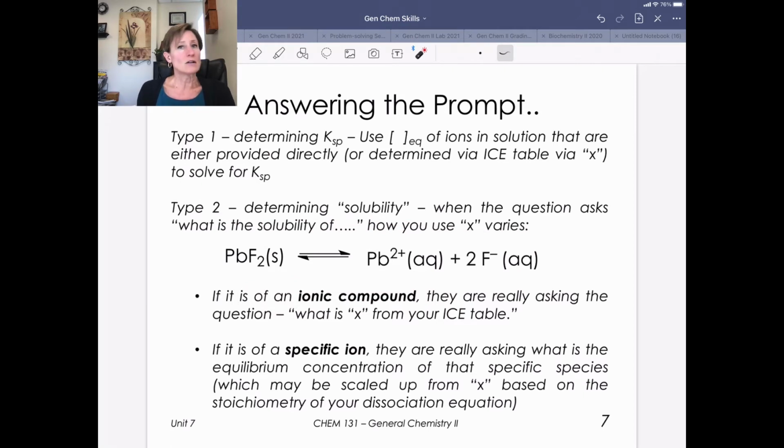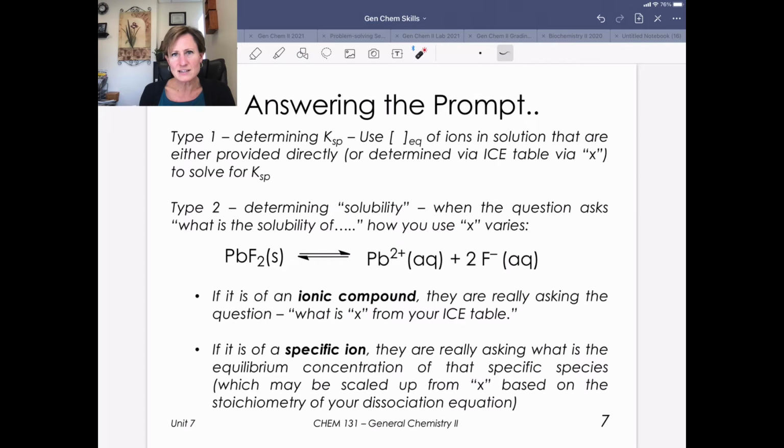If it is asking, what's the solubility of lead fluoride? It's basically asking you for your value of X. That's pretty straightforward. If it's asking you for a specific ion, they're really asking you for the equilibrium concentration of that species. If they're asking for lead, that is X. But remember, if we had an ICE table here, this would be 2X for fluoride.